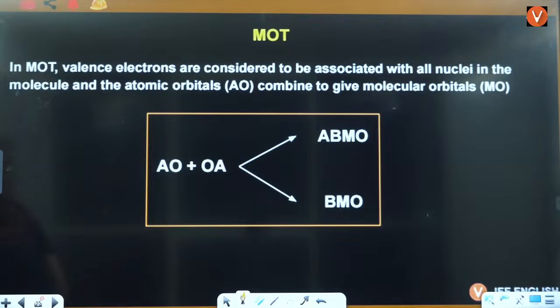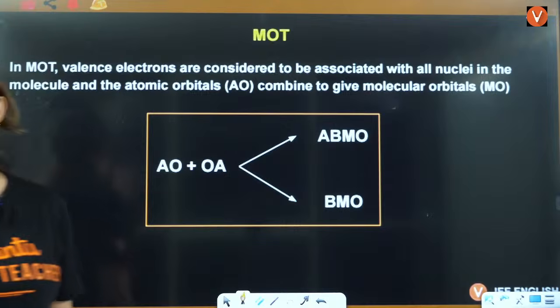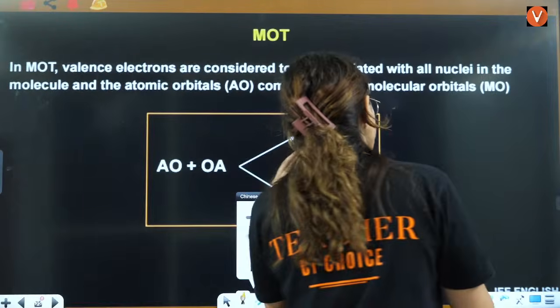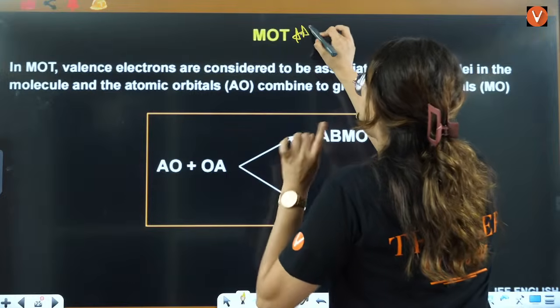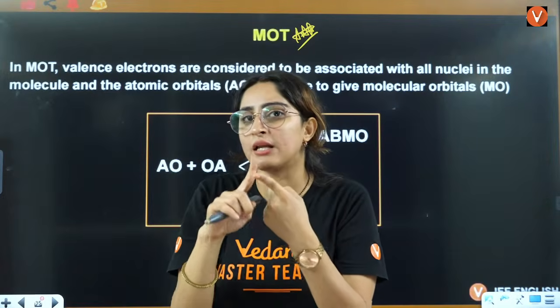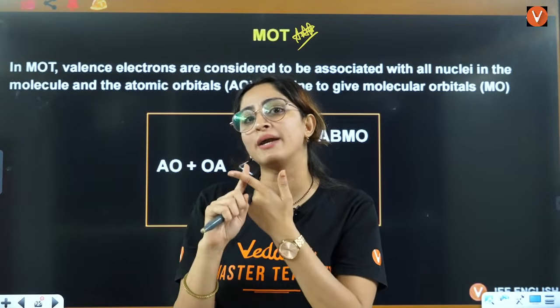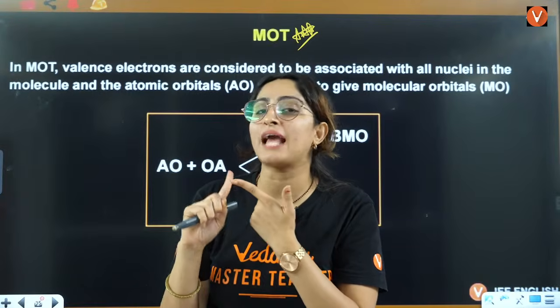Let's talk about that. Yes, everybody, let's talk about molecular orbital theory. The topics that I have taught you, calculation of steric number from the formula and its application in calculating hybridization and its application in calculating shape.